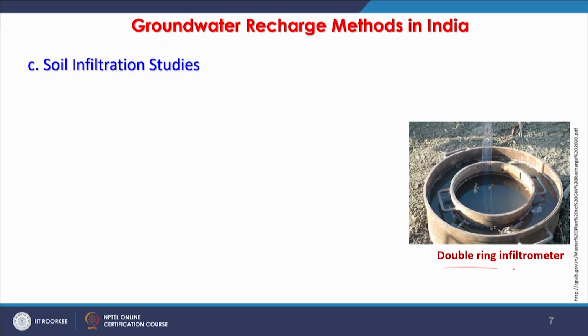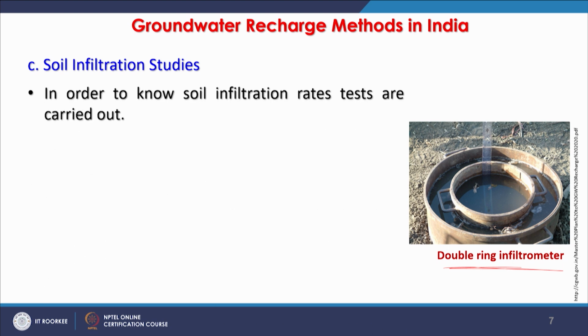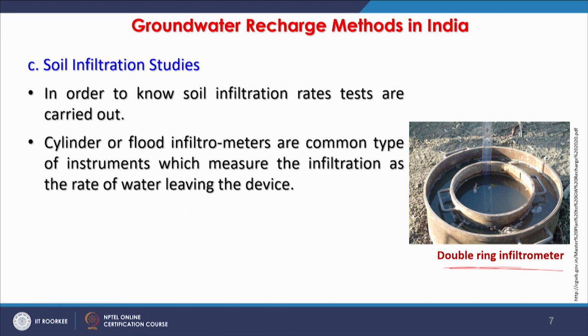For infiltration studies, a very standard technique is the double ring infiltrometer. In order to know the soil infiltration rate, tests are carried out using similar kinds of instruments, called cylinder or flood infiltrometers, which are common types of instruments that measure infiltration as the rate of water leaving the device. So, we put the water, we keep measuring the water with time, and we know how much water has gone inside.